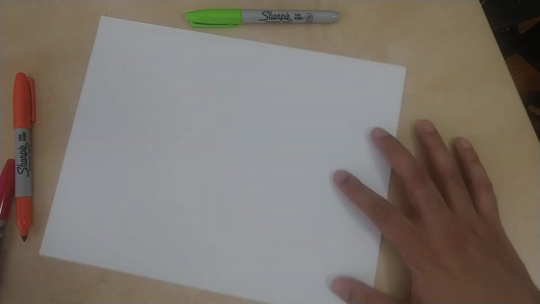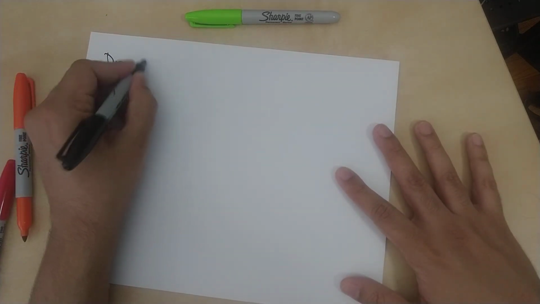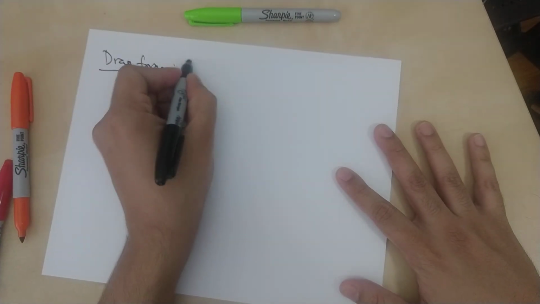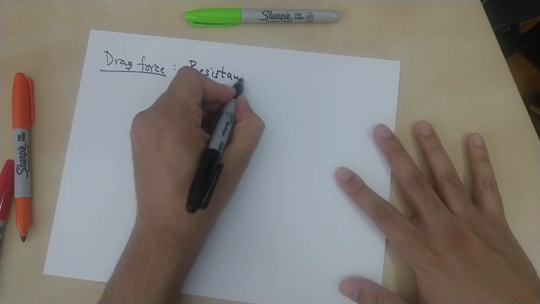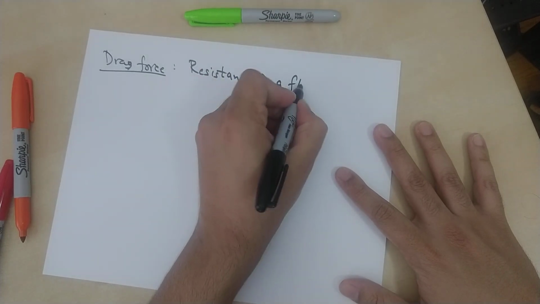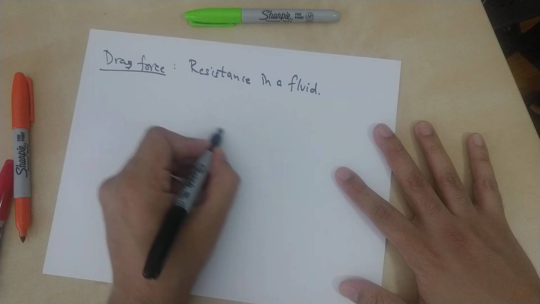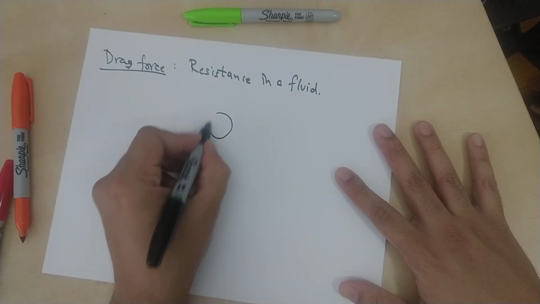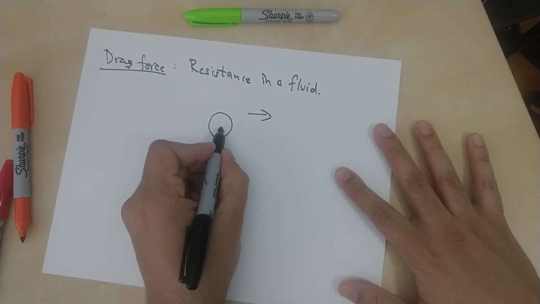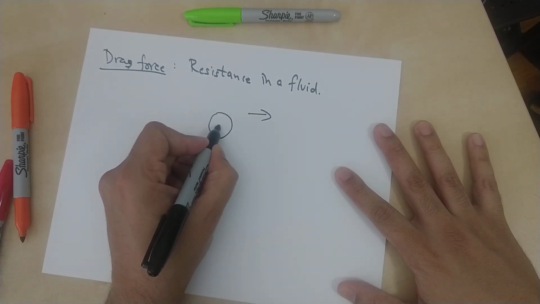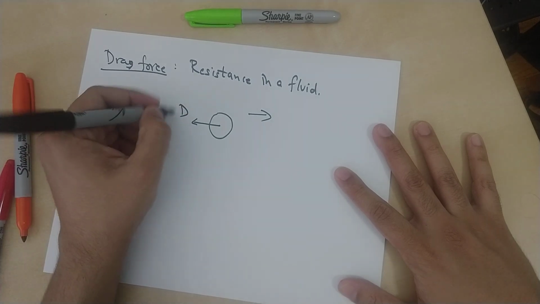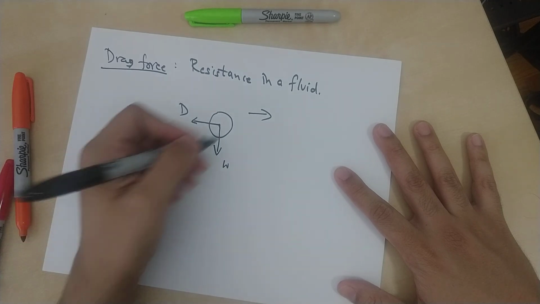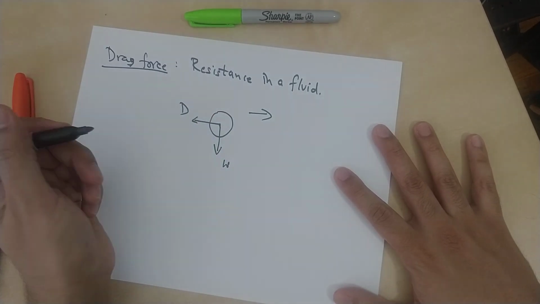The last force that I want to talk about is the drag force. The drag force is also resistance, but it's resistance in a fluid. If you throw a basketball, let's say it's moving in this direction, the drag force is going to be in the opposite direction, typically represented by capital D or F sub D. And there's also the force of weight, gravity, on it.